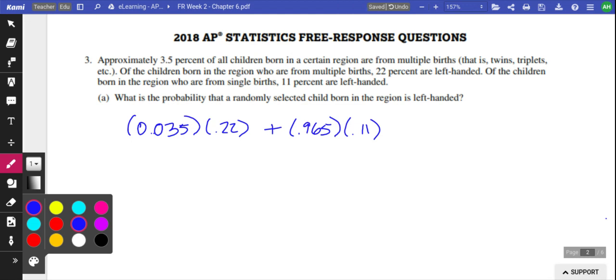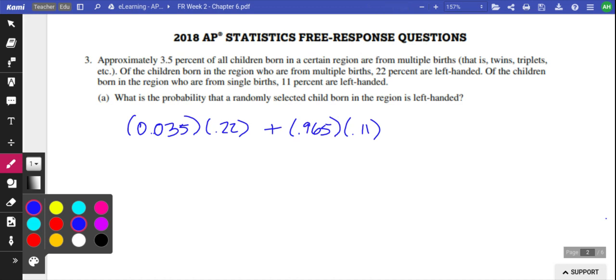So in terms of writing this out, let me check the key here really quick. You have to connect the results into a formula.